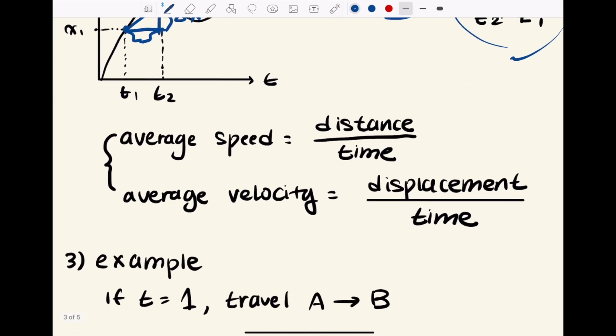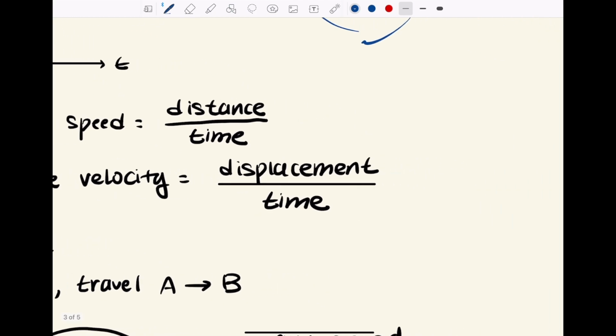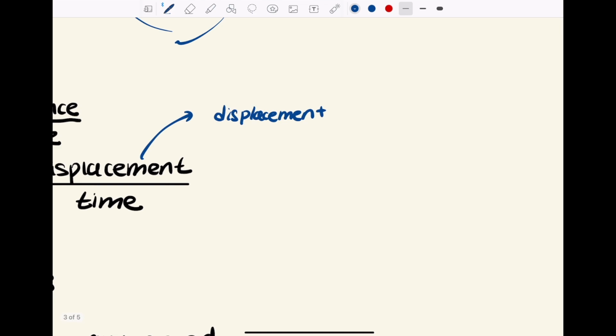To sum it up, the average speed is distance over time, whereas average velocity is displacement over time. Something to note here is that because displacement is equal to time times velocity, we can find the displacement by using a velocity-time graph.